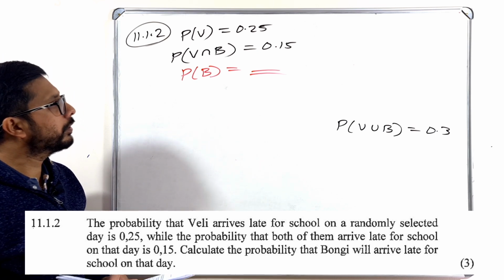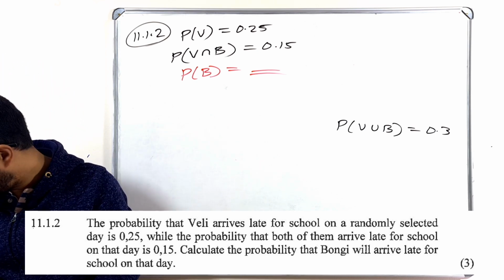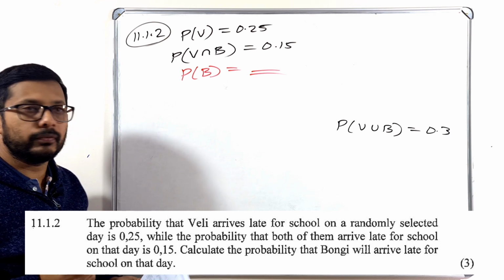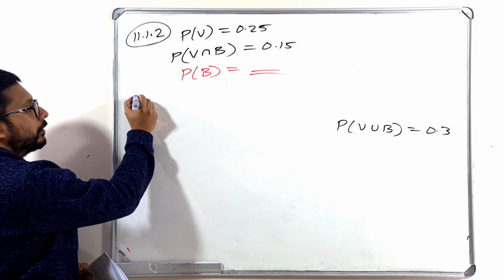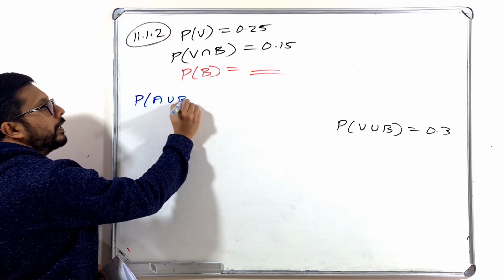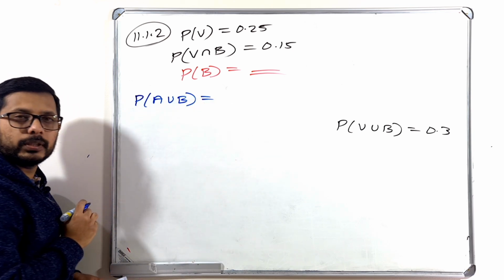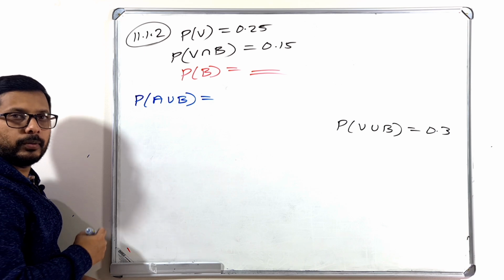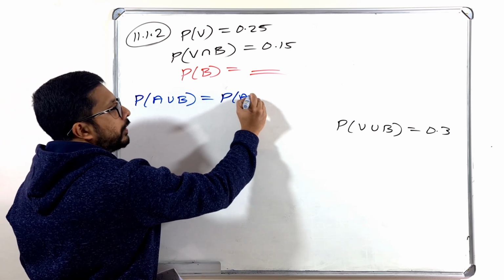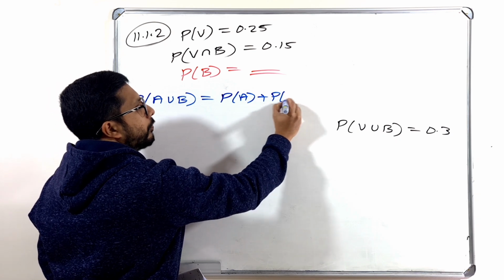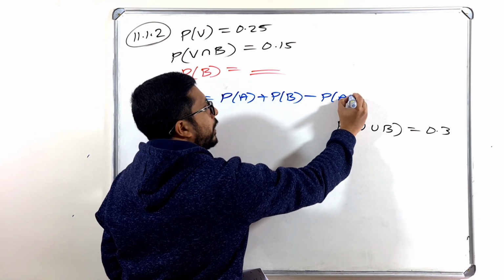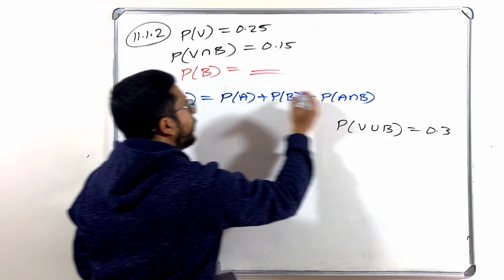Try to understand it like this. In grade 11 you studied an addition formula, one famous addition formula. The formula is like this: the probability of A union B is equal to the probability of A plus the probability of B minus the probability of A intersection B. You have to know this formula by heart.